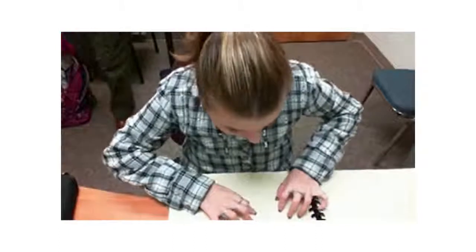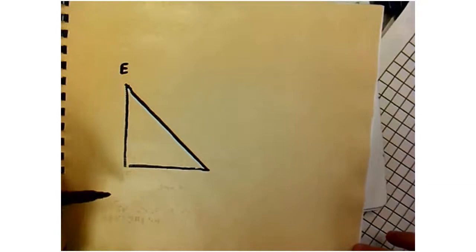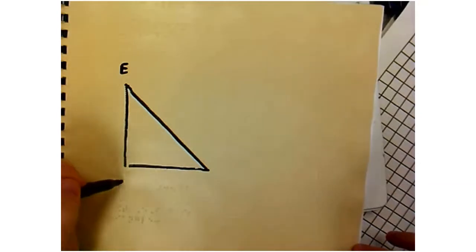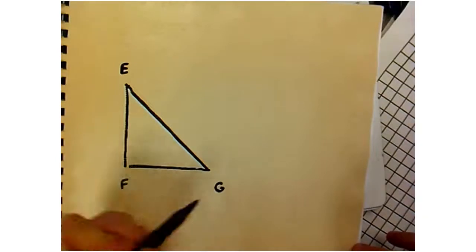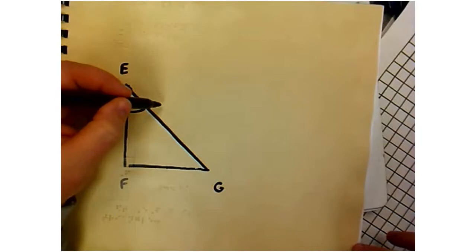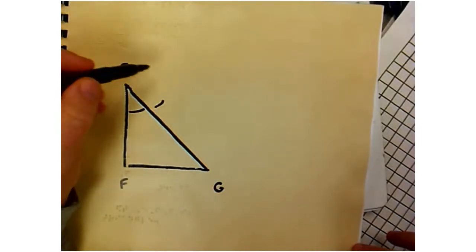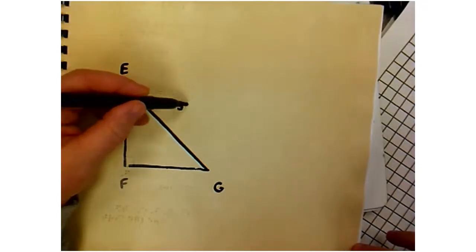You have a top vertex labeled E, a bottom left vertex labeled F, and a bottom right vertex labeled G. They have little arrow indicators labeling that at vertex E, angle E is 45 degrees.